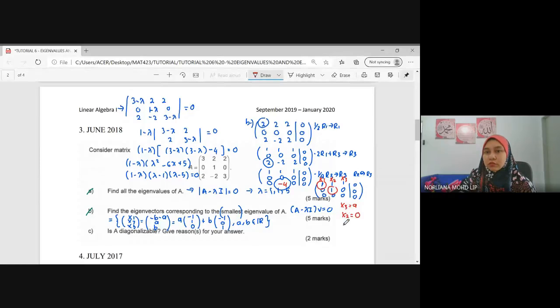So x1 equal to negative x3 minus x2. So negative A lah. So, tadi ada cakap kat sini. A.